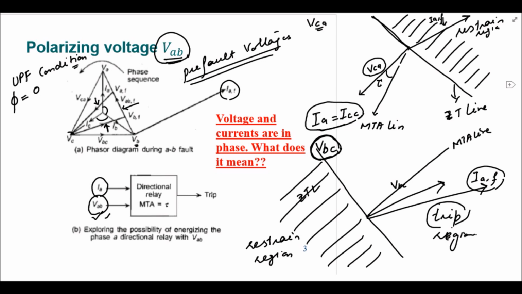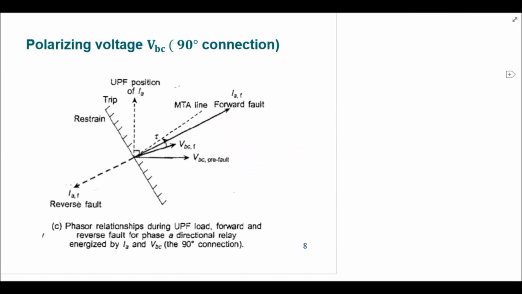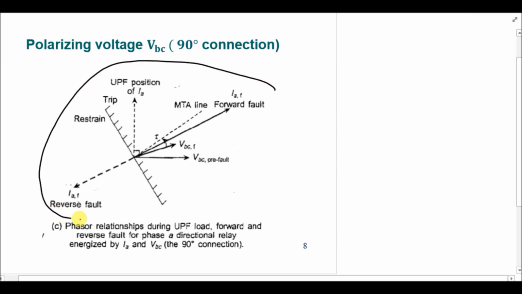So we have checked VAB, VCA and VBC, and we found out that VBC is the polarizing quantity if we have a fault related to phase A, and this is the phasor diagram while considering VBC as a polarizing quantity.